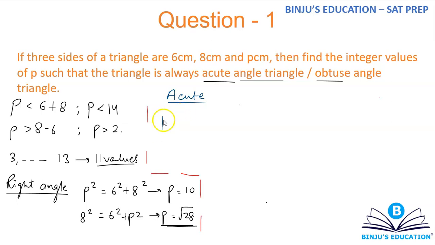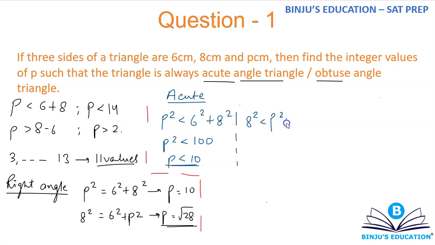Which means p square has to be less than 6 square plus 8 square, which will give me p square is less than 100, which means p is less than 10. We discussed that while dealing with acute angle triangles, the square of one of the sides is always less than the sum of the squares of the remaining two sides. Also at the same time, I need to ensure that 8 square is less than p square plus 6 square.